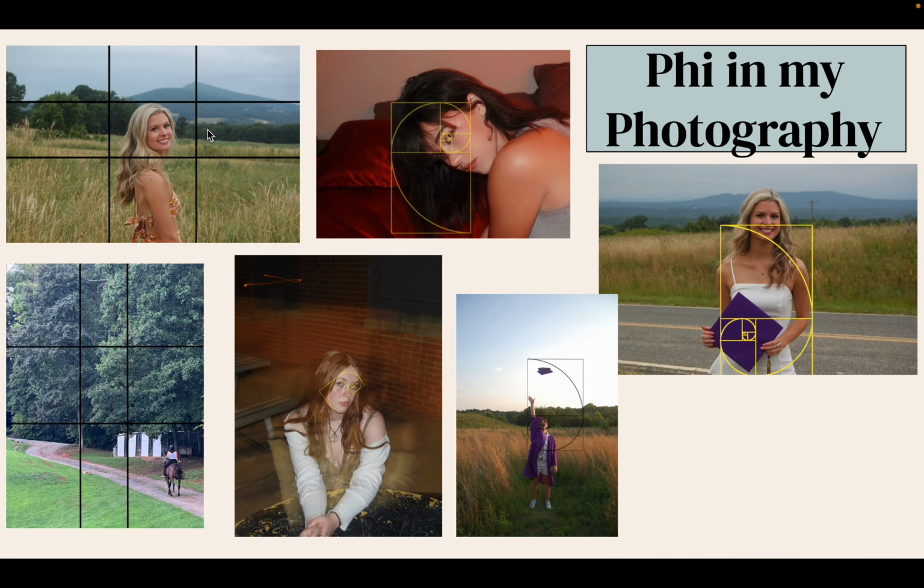For this top one up here, when I took this photo, she was towards the middle of the Fibonacci grid, and then everything else spaced out correctly. On the bottom left, my friend Talia, I put her in the bottom right corner as she's the focus there, but there was still room to see other great things.